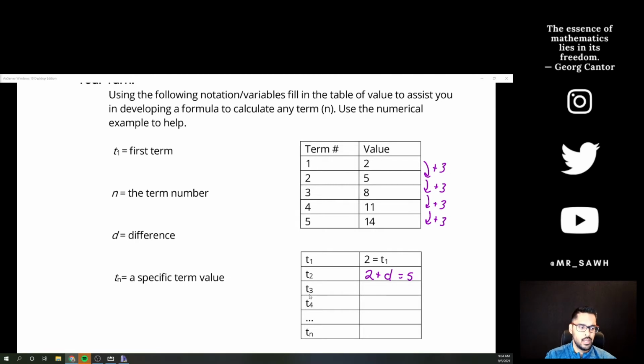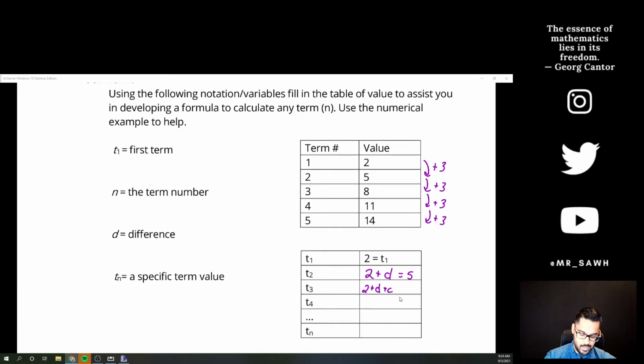Pretty obvious to see, but let's think about this in terms of building a formula. So down below, our third term is going to be whatever our second term was, adding in one more common difference. My second term was 2 plus that common difference, but to get to the third one, we add another common difference to keep the pattern going. This works out to be 2 plus 2 common differences. I think you can see the pattern. In order to get the fourth term, we take our third term and add an extra common difference.